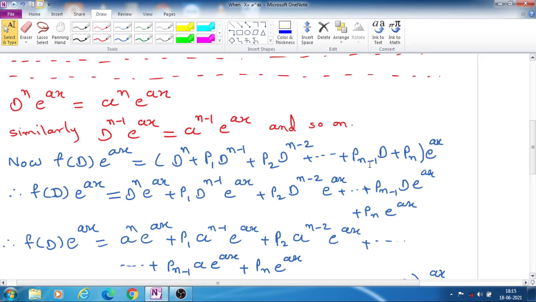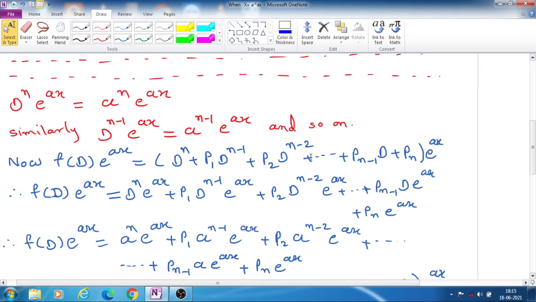So the second term from last will be the n minus 1th term pn minus 1 into D, and then the last term will be only pn. So this is f(D) into e raised to ax.